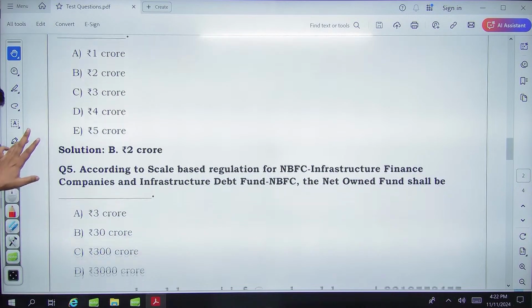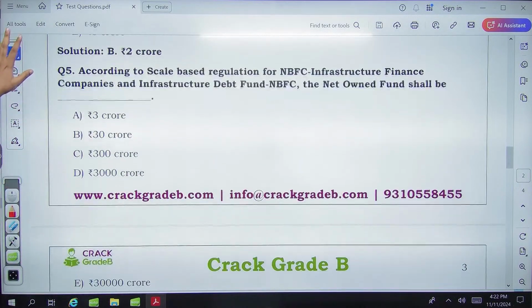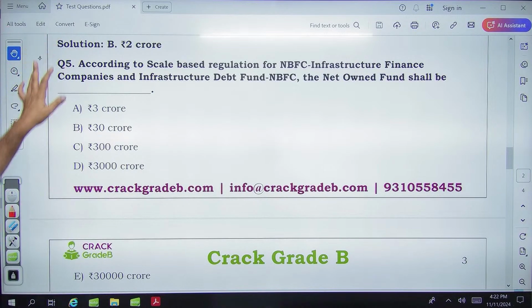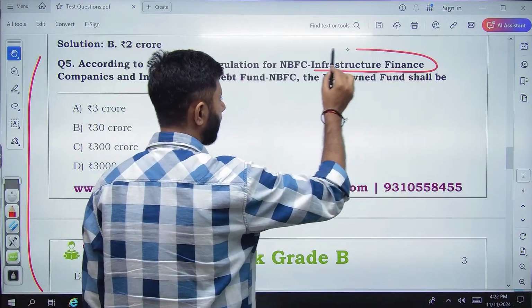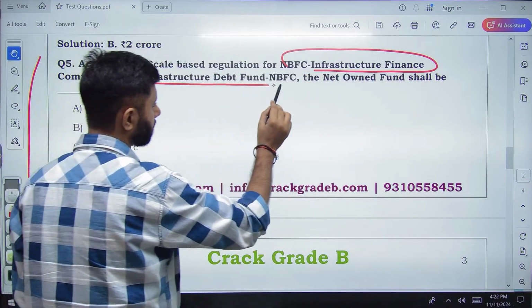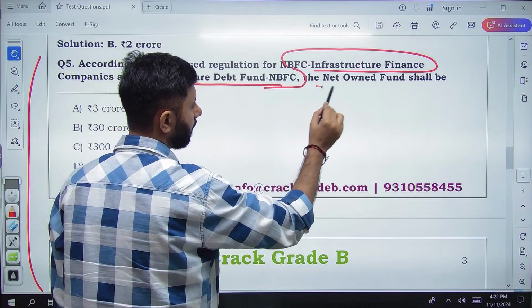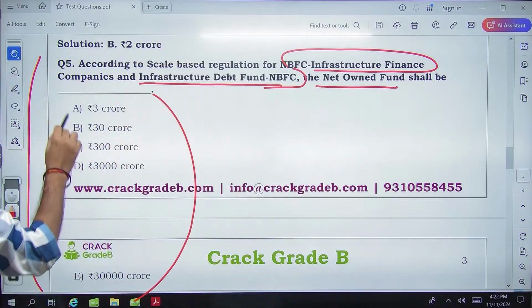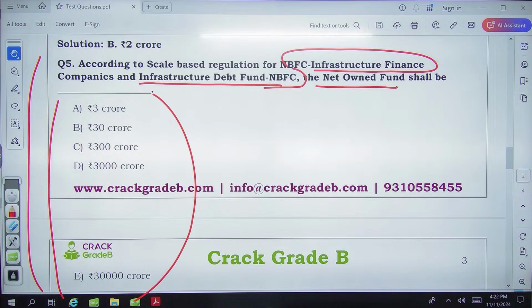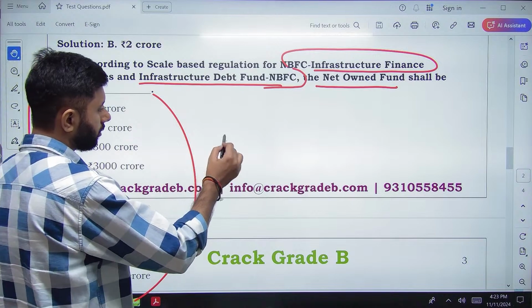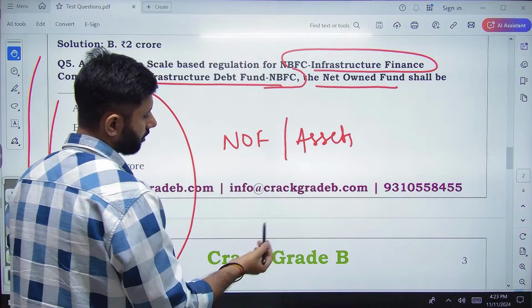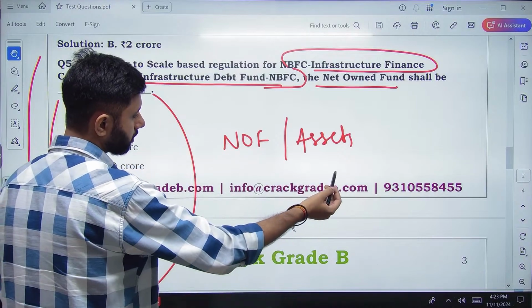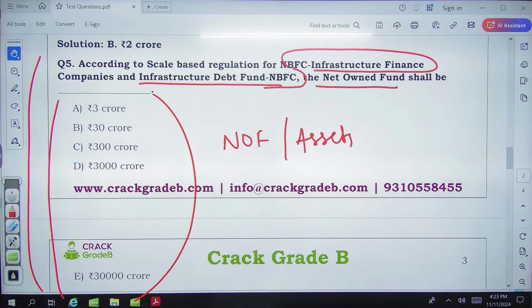चलिए next question. According to the scale-based regulation, particularly for NBFCs, infrastructure finance companies, infrastructure debt fund NBFCs, the net owned fund requirement shall be how much? तो इसमें बेसिकली आइडिया अगर आप लेके चलो नेट ओन्ड फंड और एसेट्स के बीच में डिफरेंस मोस्टली इन हंड्रेड्स, it's mostly in thousands, तो उस हिसाब से you can think in context of that.